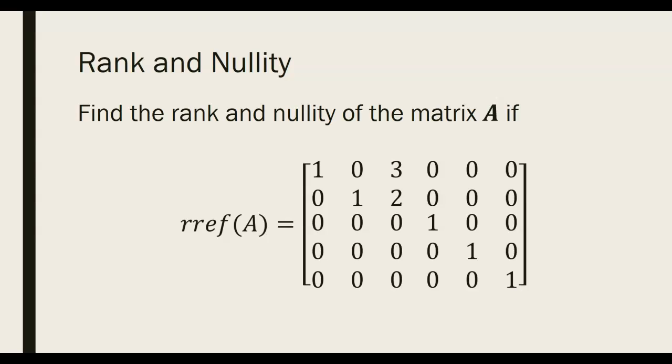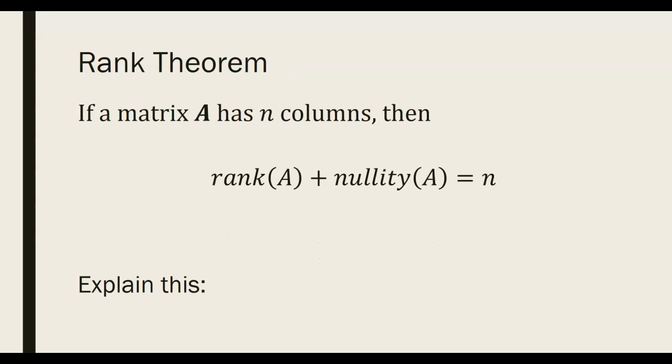We have 1 column that represents a free variable. So we would have 1 vector in a basis for the null space. So the nullity is 1. So rank is 5, nullity is 1.